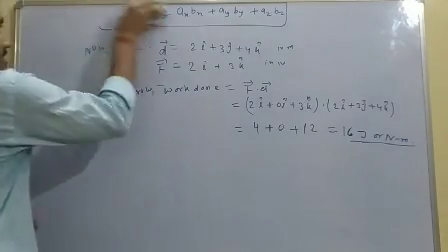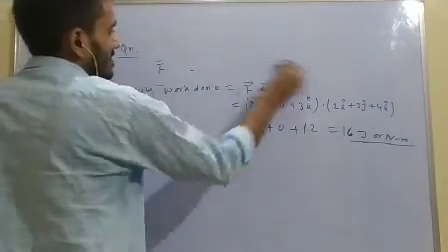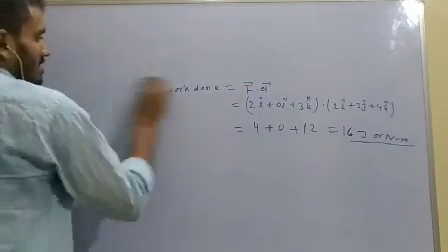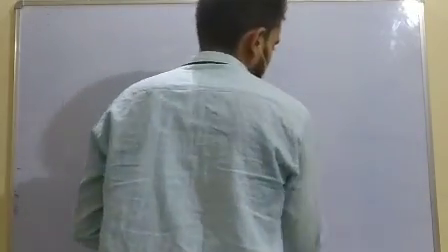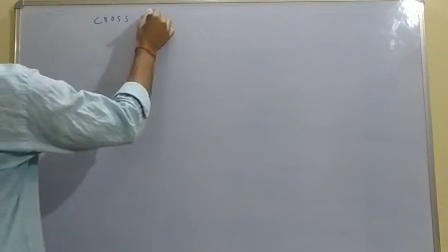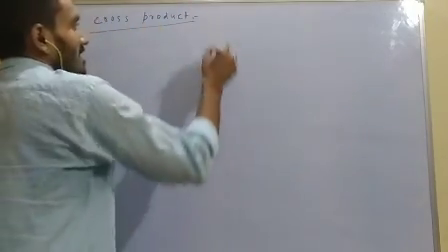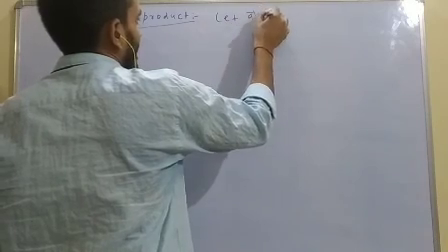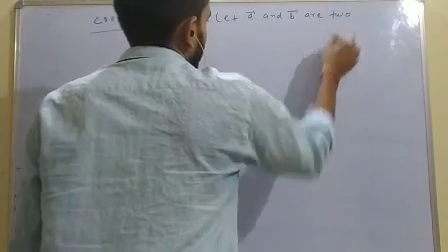Now we define cross product or vector product of two vectors. Let vector A and vector B be two given vectors.